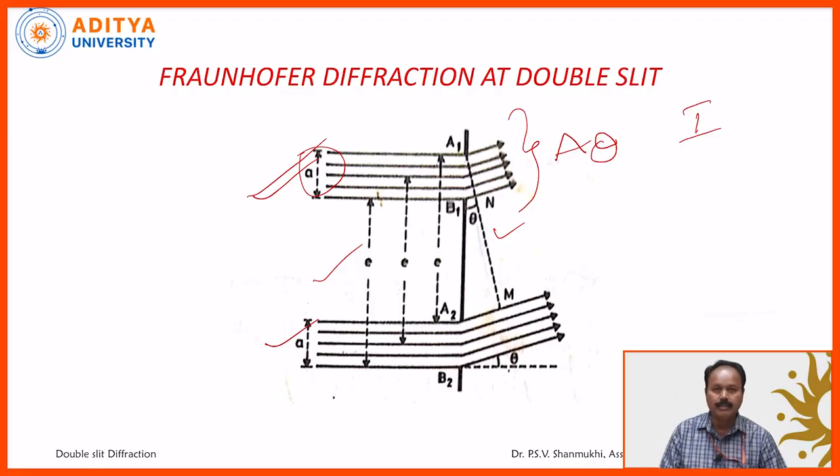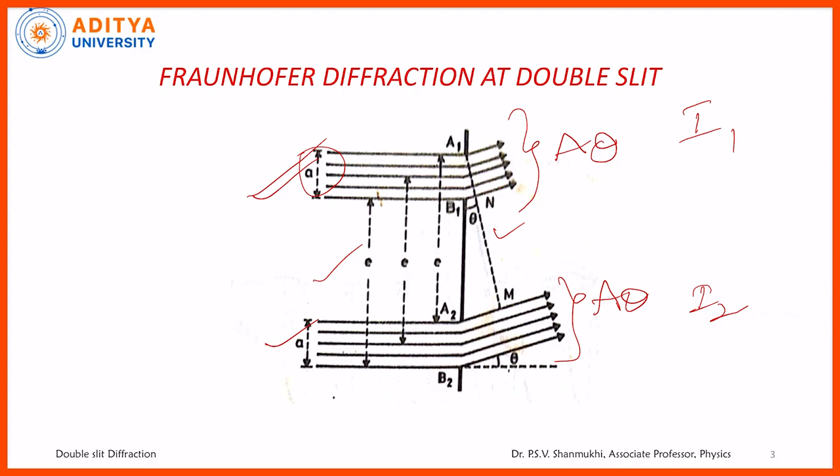At the second slit, here also there is a bending of light rays, and the resultant amplitude is given by A theta, and here the intensity is given by I2, previously it was I1. Anyhow, this is one diffraction pattern due to single slit, this is another diffraction pattern due to single slit.